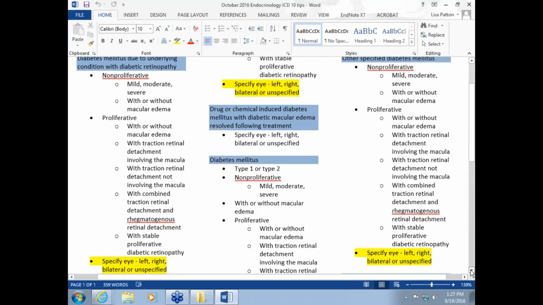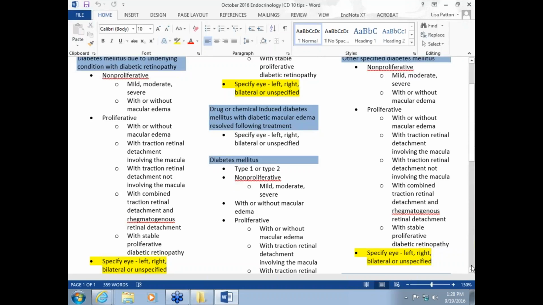Good. Okay. So right here in this first column, you're going to see the one thing that pulls all of these together that you currently have for each of those that I read out, E08, E09, E10, E11, and E13, is for all of those currently in what you're coding today, you have the non-proliferative, and then you have to select mild, moderate, severe, and then with or without macular edema.